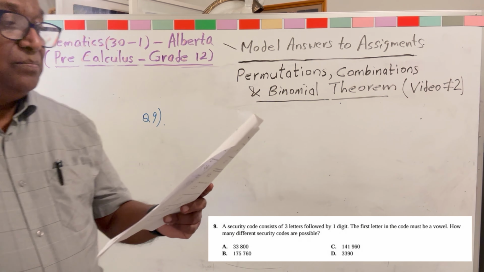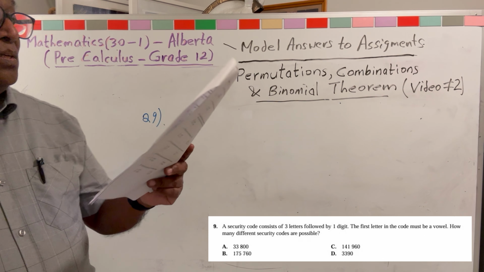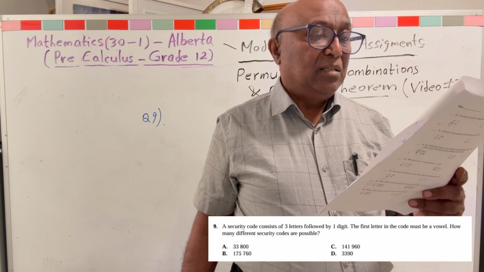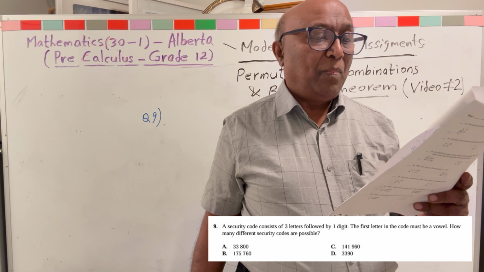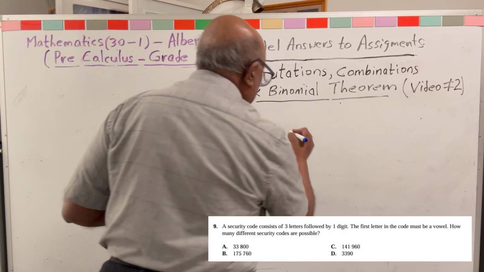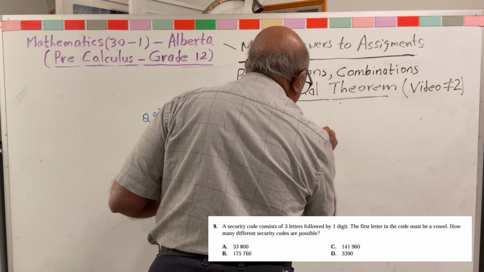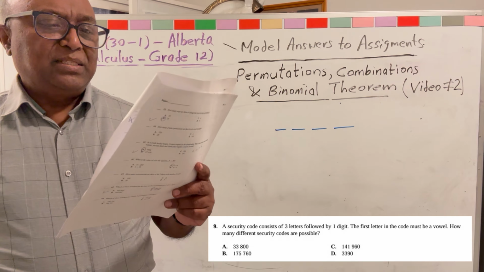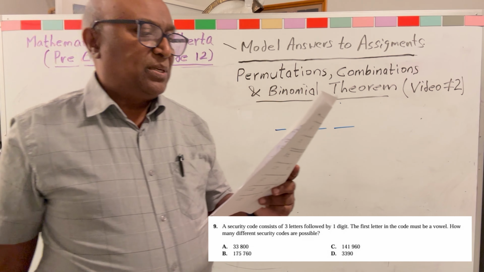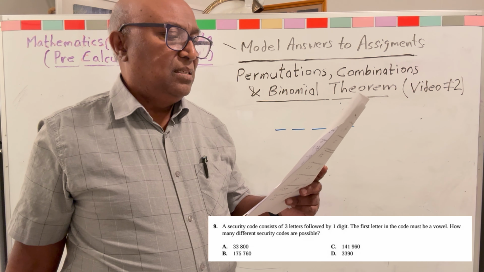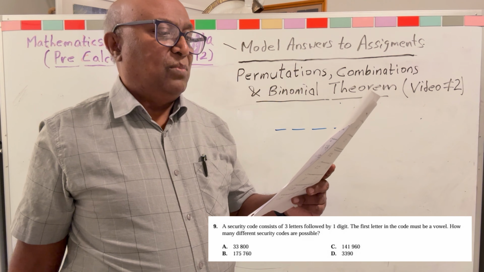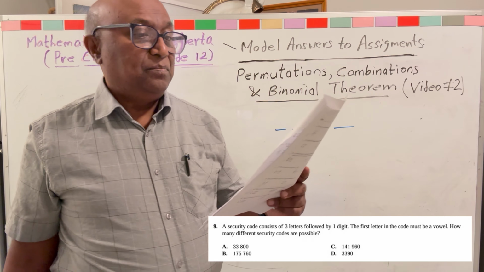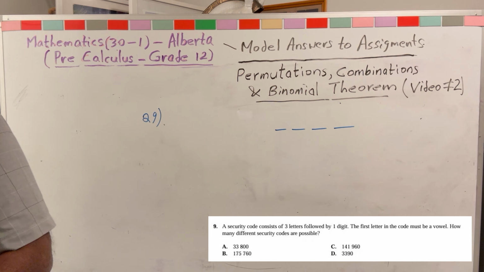Question number 9. A security code consists of 3 letters followed by 1 digit. The first letter in the code must be a vowel. How many different security codes are possible?